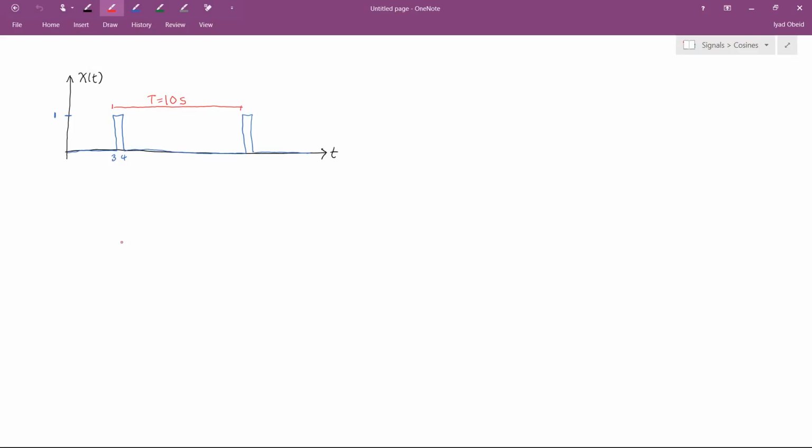Let's explore the process of deriving the solution to the inner product integral in a little bit more detail. In the previous video, we determined that the inner product integral was given by the expression a equals 1 over T times the integral over 1 period of x of t e to the minus j omega t dt.